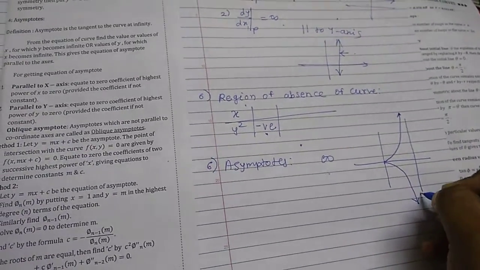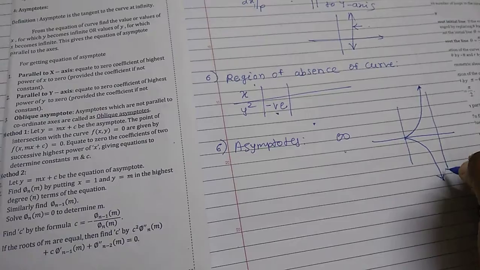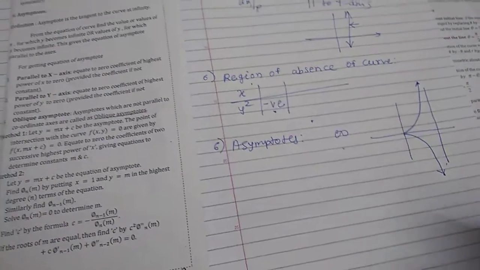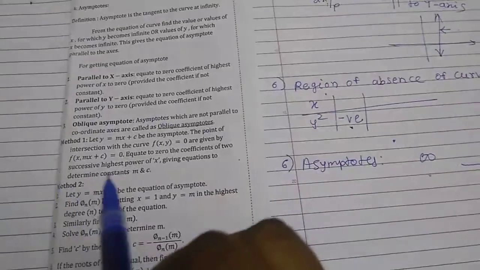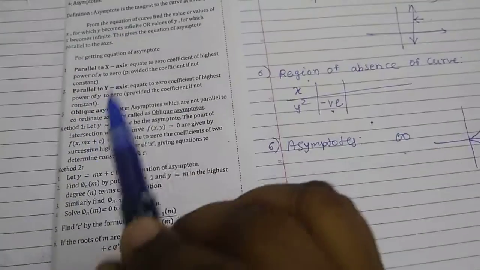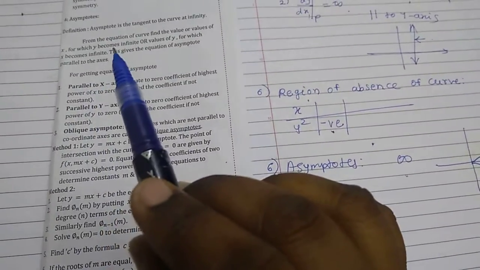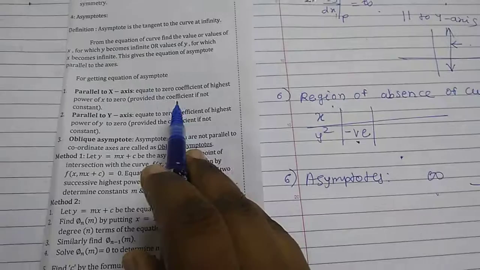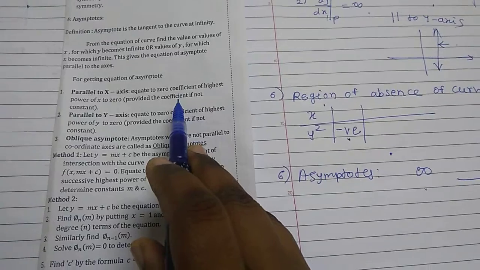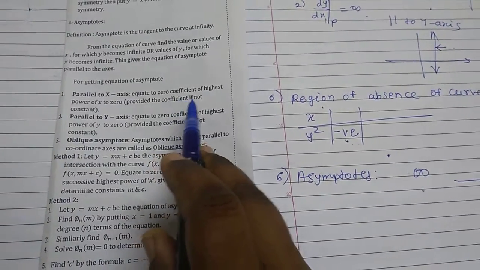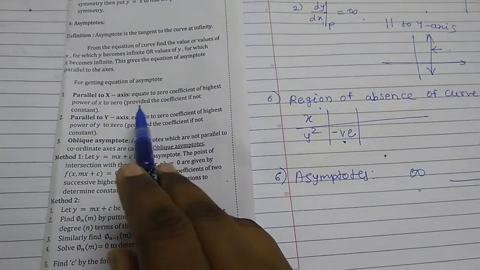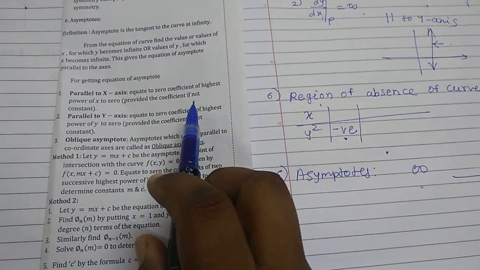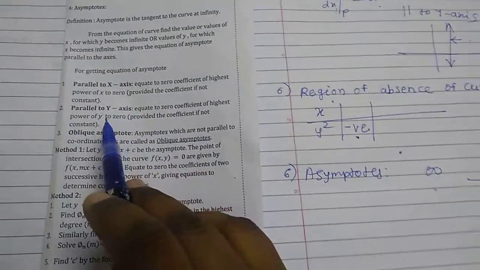That is, by finding asymptote, we can say whether the curve is bounded or going to infinity. So, to find asymptote parallel to x-axis, we will equate the coefficient of highest power of x to 0, provided the coefficient is not constant.